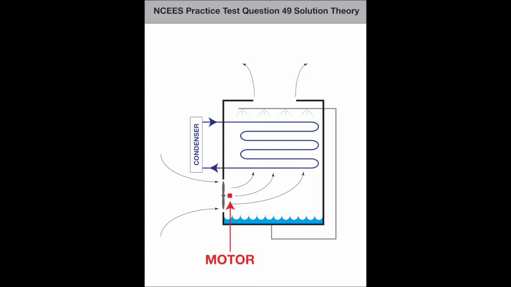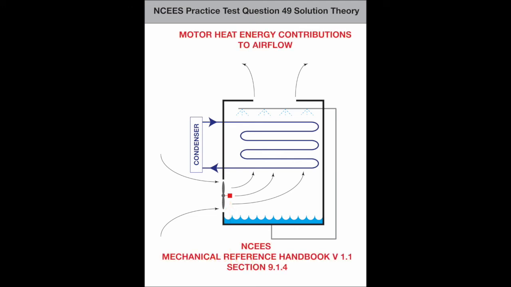But when a motor is inside the airflow, it contributes its heat to that airflow, a circumstance frequent for cooling towers. In the NCEES Mechanical Reference Handbook, version 1.1, in section 9.1.4, you can find the equation for applying the heat energy created by the motor to the airflow.